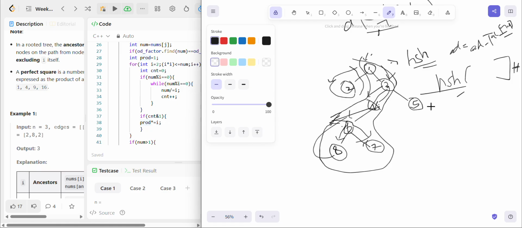After it is updated, we again perform the DFS on its children 4 and 5. After doing the DFS, it will again go to this. Then again we have increased our hash value and updated the frequency.